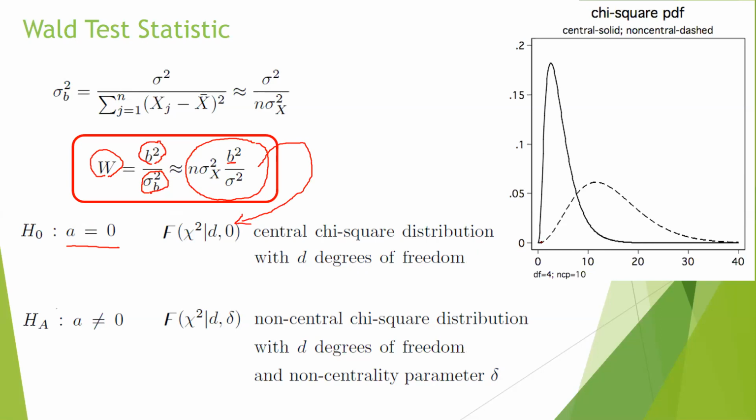Which means if there are no additive effects at this locus, this test statistic is going to follow the first dress, which is the thin and tall dress. However, if there are additive effects, the test statistic should fit the short but fat dress, something like this.